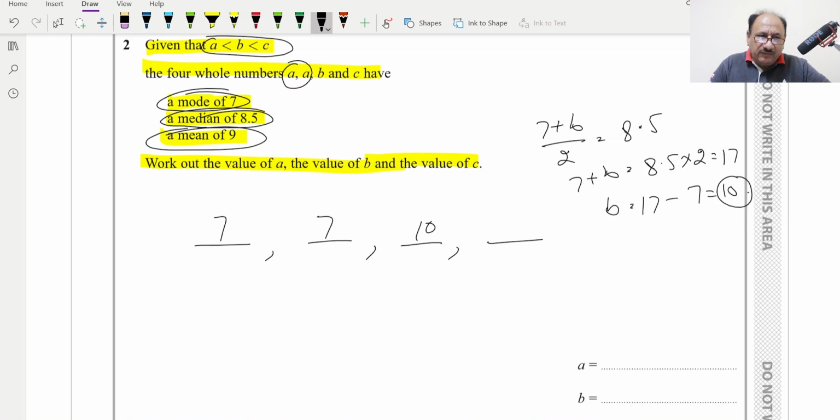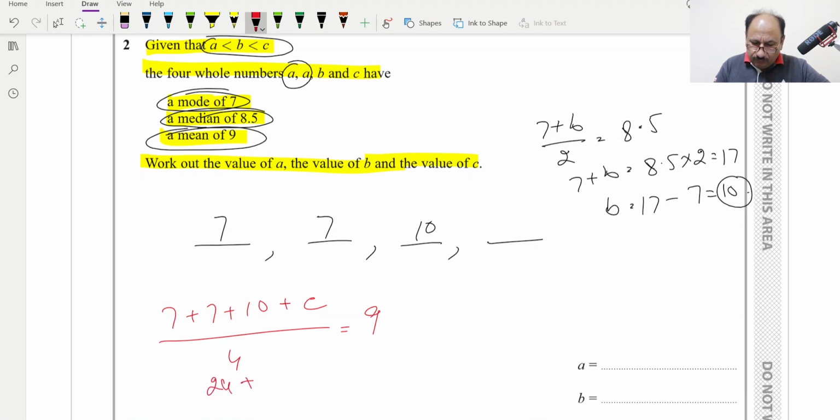And now the mean value is 9, so mean will be 7 plus 7 plus 10 plus C divided by 4 is equal to 9. We can simplify. 7 plus 7 is 14, 14 plus 10 will be 24.